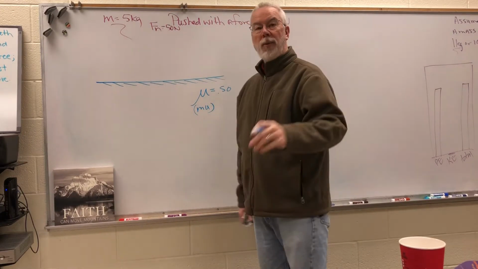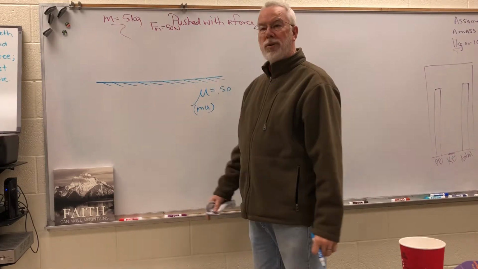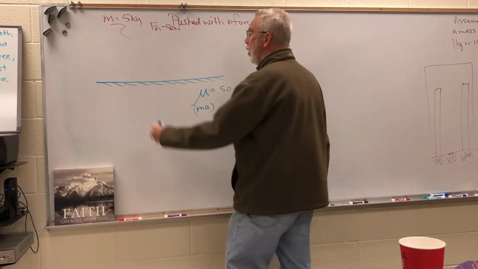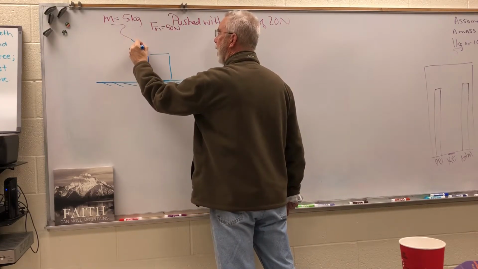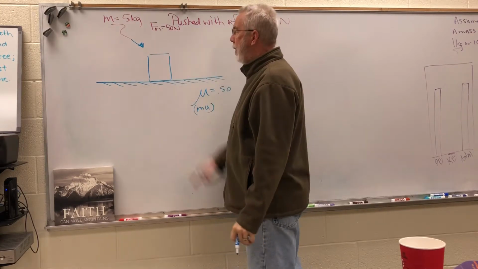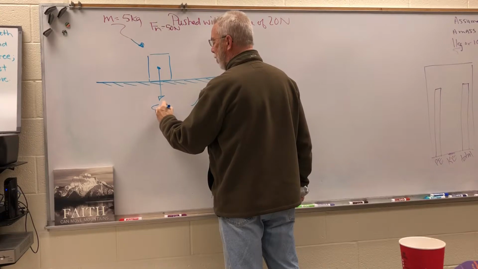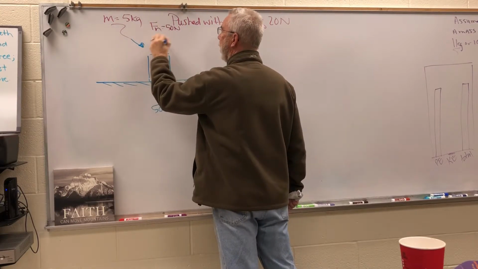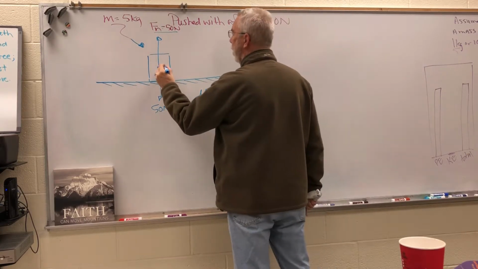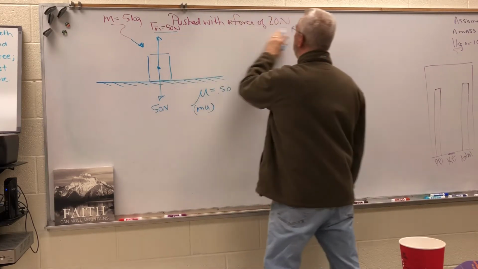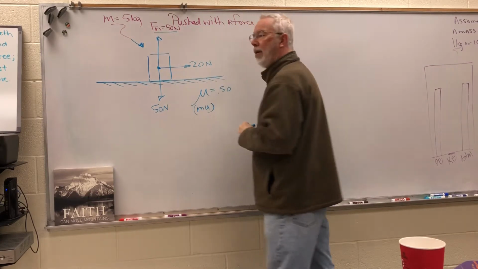It represents the coefficient of friction, and whenever we have friction, I've always drawn those little diagonal lines like that. We still have the same box here that has the 5 kilogram mass. We still have a 50 newton weight, and we still have a 50 newton normal force. And let's say that it's still being pushed with a force of 20 newtons to the right.